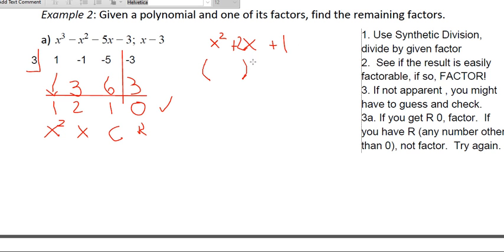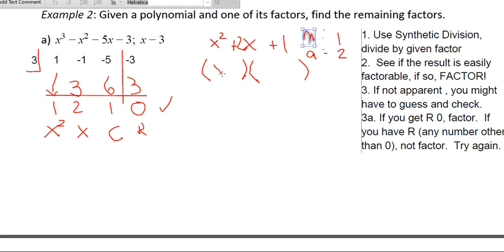I need factors that multiply to get 1 and add to get 2.